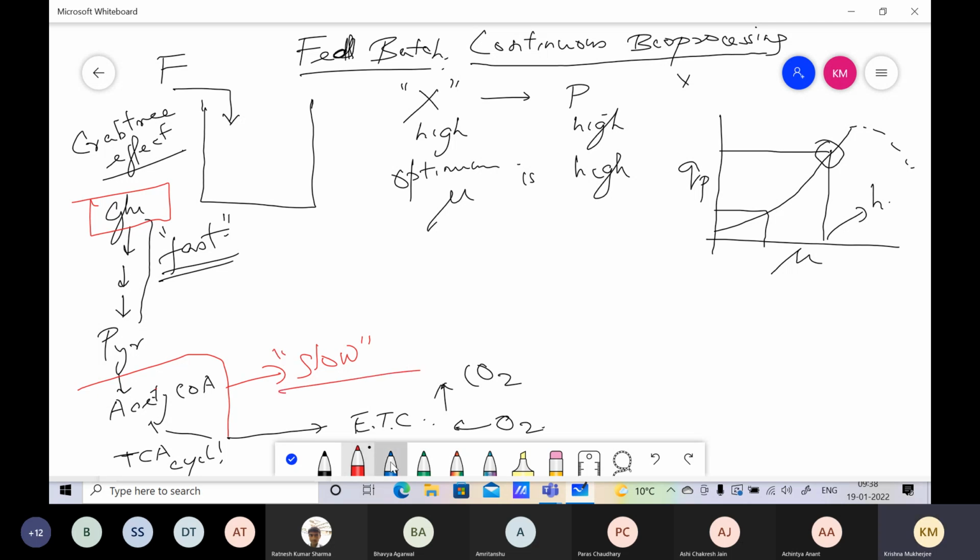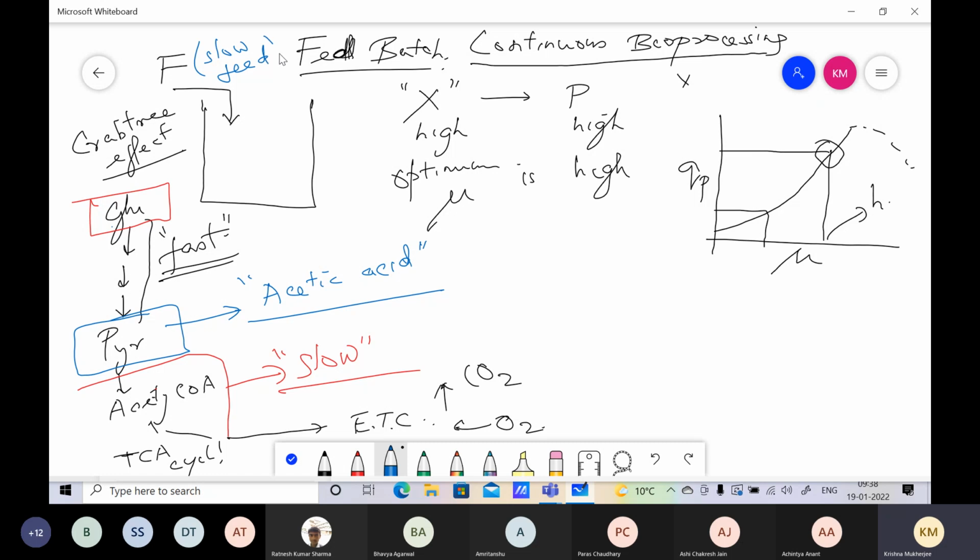And if this accumulates, where will it go? It will go to non-oxidative phosphorylation, which means it will go to acetic acid. And this acetic acid formation takes place whenever there is excess glucose. And that is why in fed batch you have slow feed, so that the glucose or carbon levels do not increase. Because this is a fast step, this is a slow step.